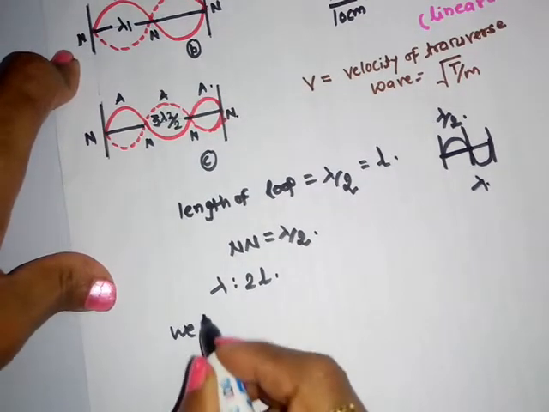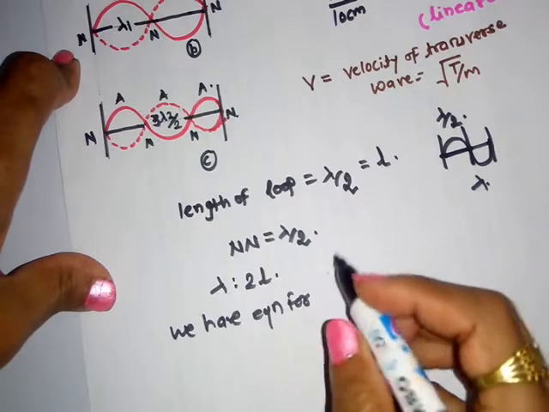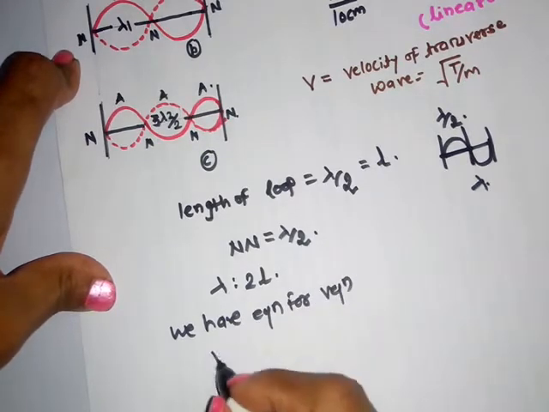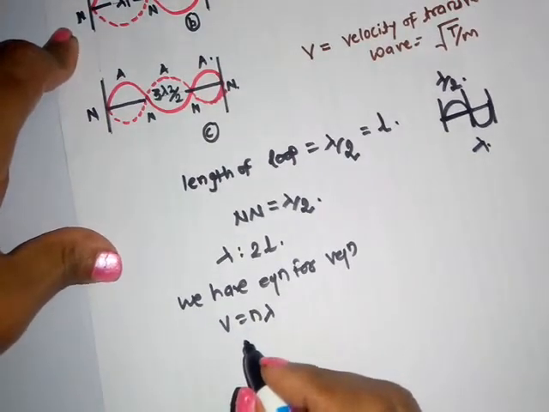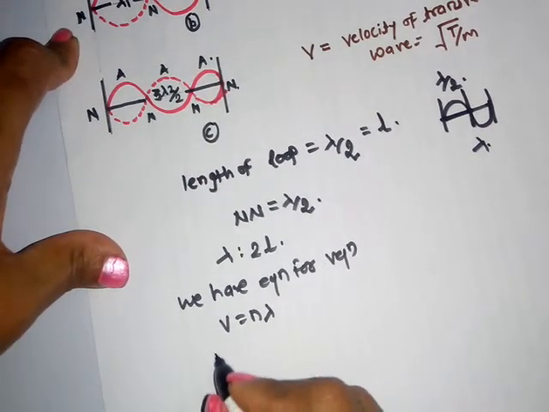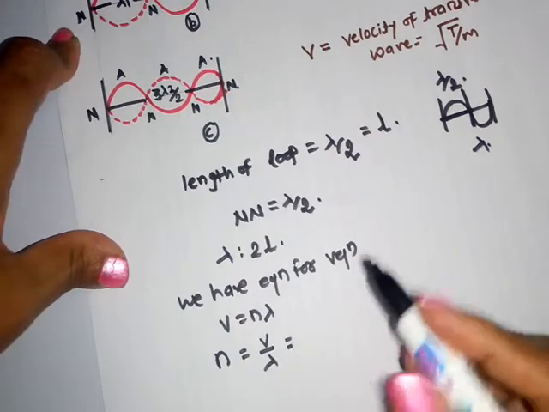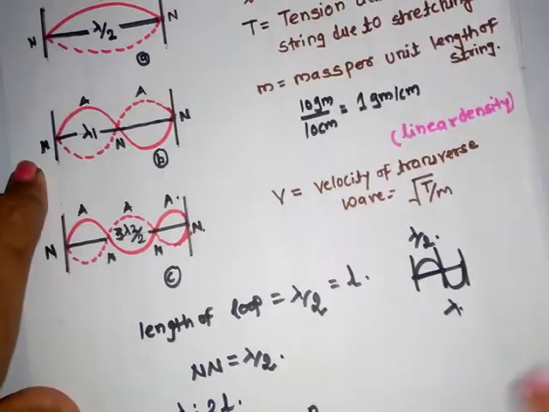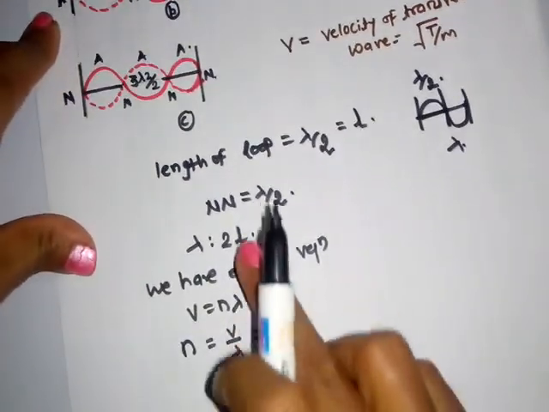Now, we have the equation for velocity v is equal to n lambda. Here we want to find the value of frequency, so n is equal to v by lambda. Then the value of v is root T by m, and the value of lambda is 2L.